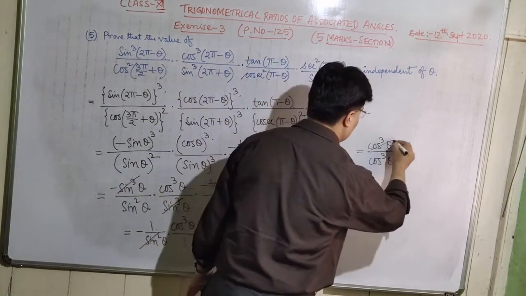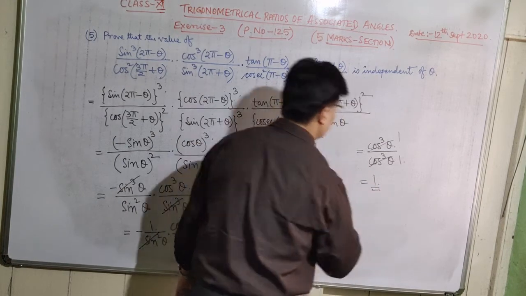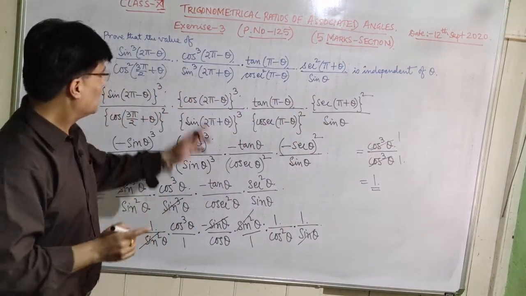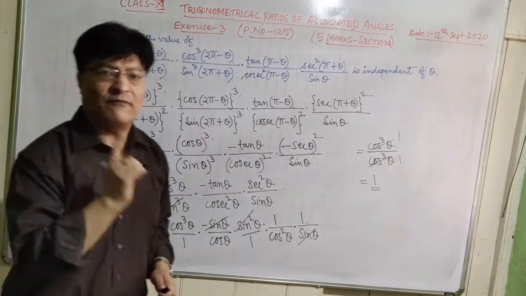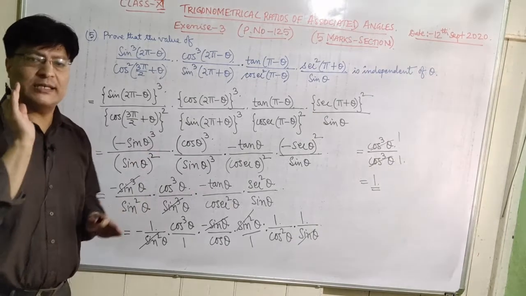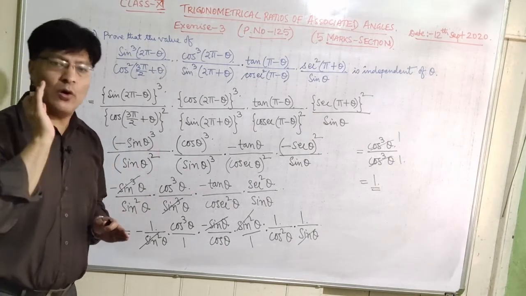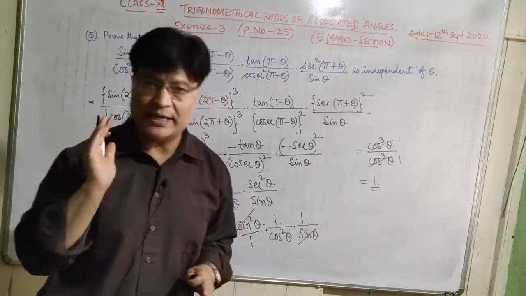Here you can cancel them. So it is 1 upon 1 is equal to 1. That means the value of this expression is 1, which means that the value of the expression is independent of theta. There is no term containing theta in this case, or the value of the expression is free from theta.